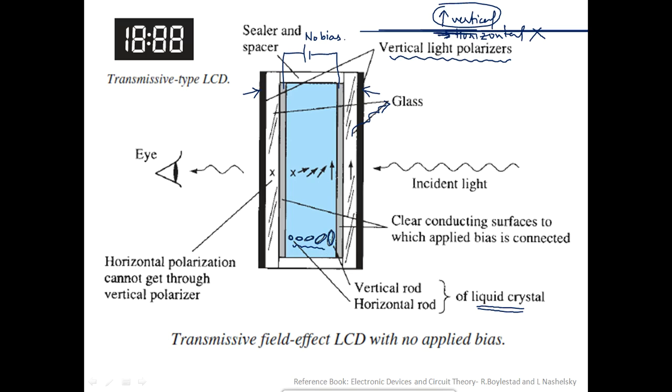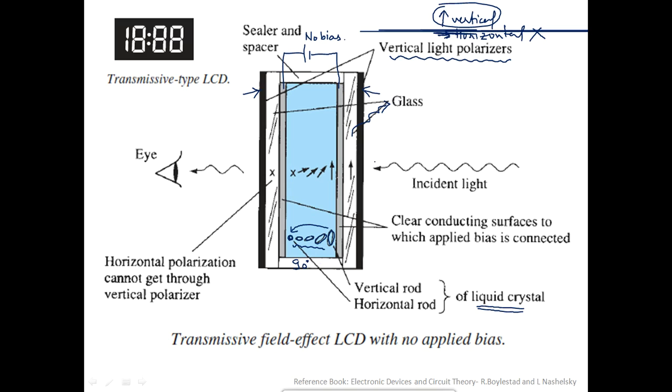Hope you can observe here that these molecules are not aligned. Such a molecule indicates a horizontal rod, and this is a vertical rod. When you move from the right hand side to the left hand side, you can observe that there is a 90-degree phase shift in the orientation of these rod structured molecules. So during the fabrication itself, it undergoes a twisting.